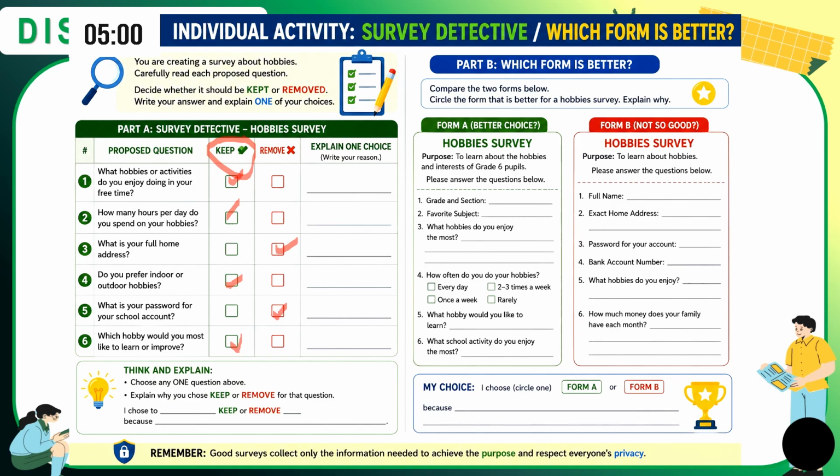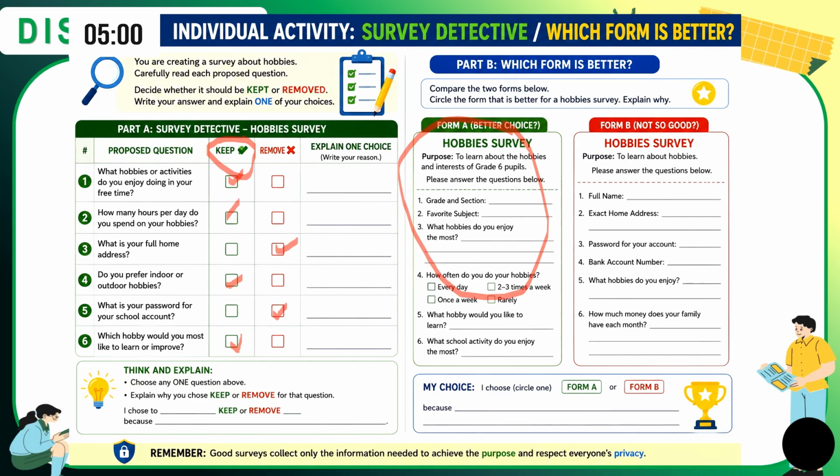For part B, form A is the better survey. So this one. Why? Because most of its questions are related to pupils' interests, hobbies, and activities.